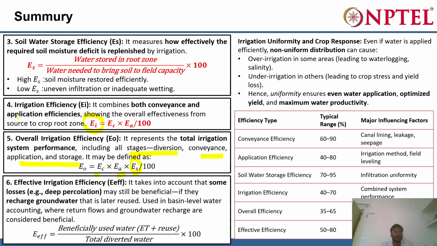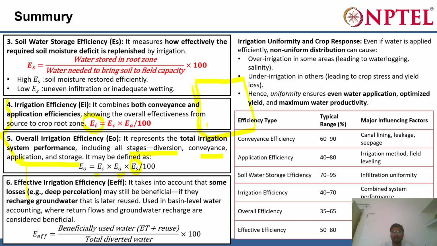So there is a difference between overall irrigation efficiency and irrigation efficiency. The difference is only the consideration of soil water storage efficiency. Suppose you have a soil, and that soil has a certain field capacity.